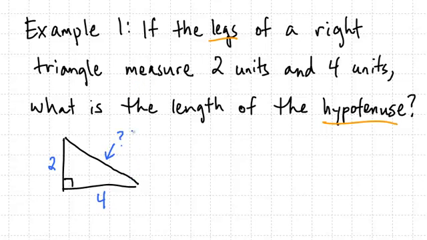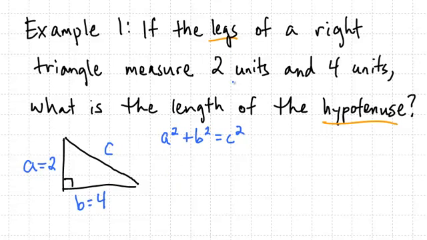Okay. So typically, when I'm working with the Pythagorean theorem, I will label one of the legs as A, one of the legs as B, and I will label the hypotenuse as C. Okay. Let's write this out. The Pythagorean theorem tells me that A squared plus B squared is equal to C squared.